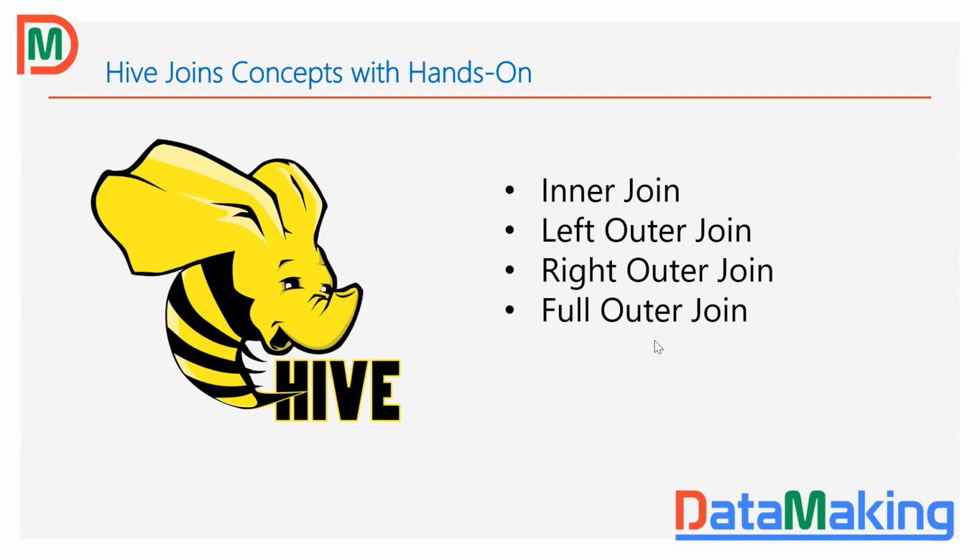Apart from these, there are other join types, like we discussed map side join and reduce side join in MapReduce. Those joins can also be done in Hive. So we'll just start with the traditional joins.